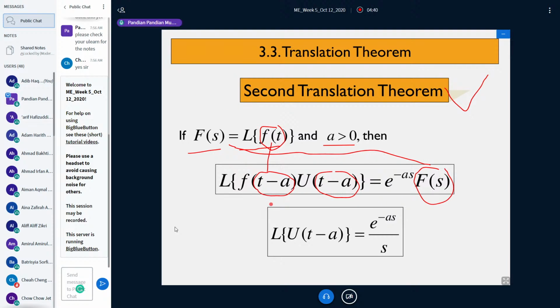This one involves the unit step function. So Laplace of f(t minus a) u(t minus a) equals e to the power of minus as F(s). But Laplace of u(t minus a) is e to the power of minus as divided by s.